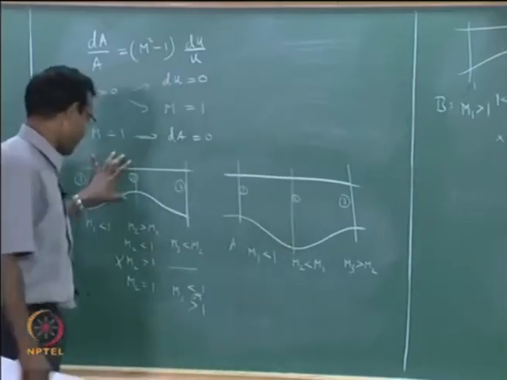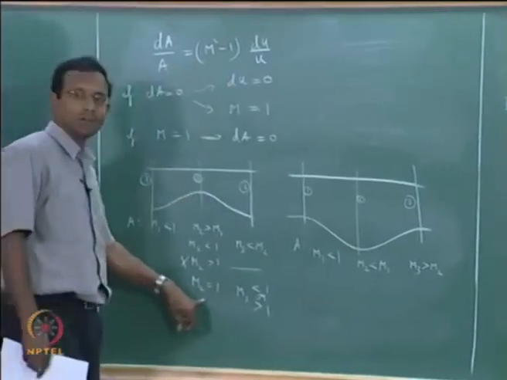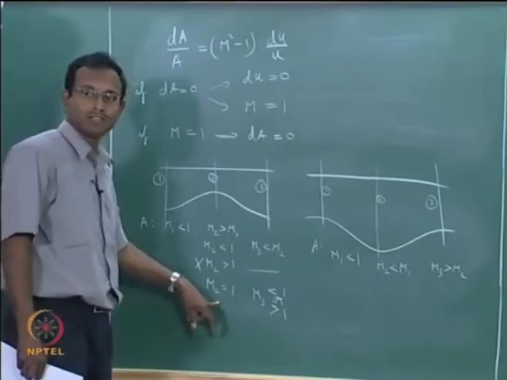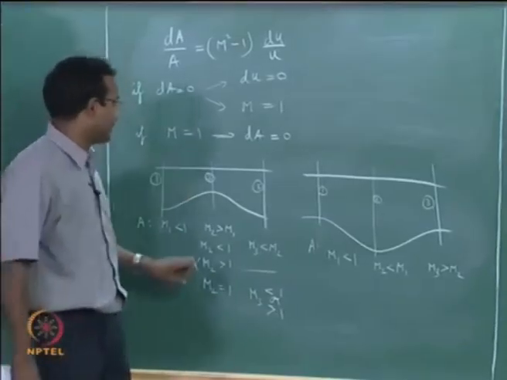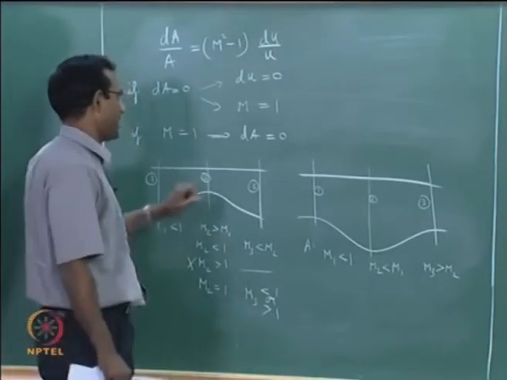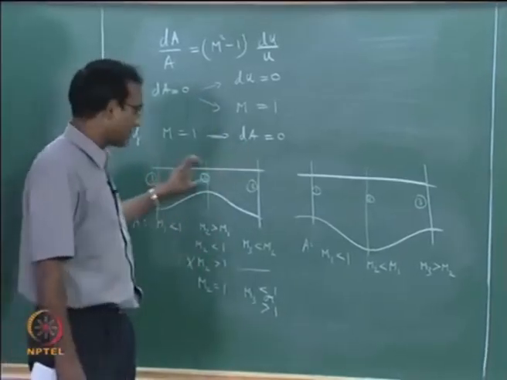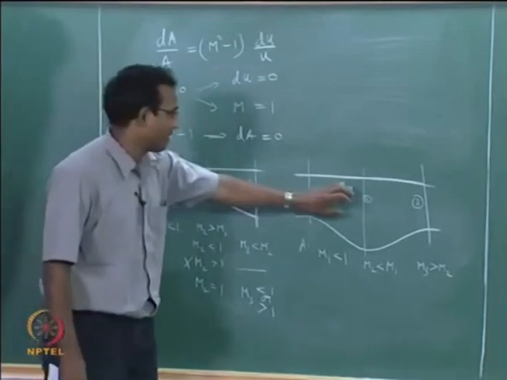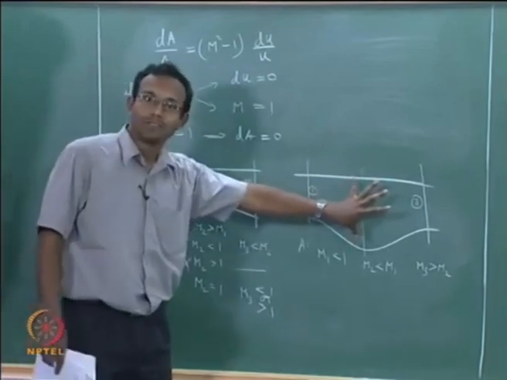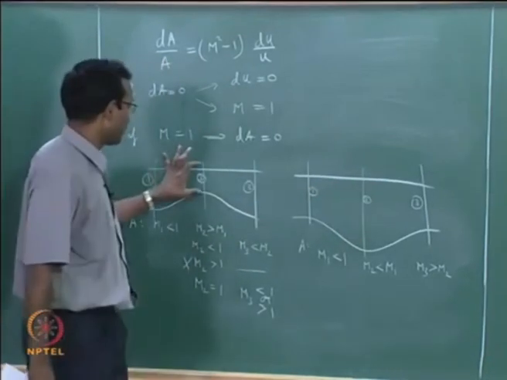But in this kind of duct, I have possibility of M equal to 1 happening. Okay. That is what you need to think about. There is something more than just dA equal to 0. It has to be area constriction. It cannot be area opening more to something else. Okay. That is one more thing you have to look at here.